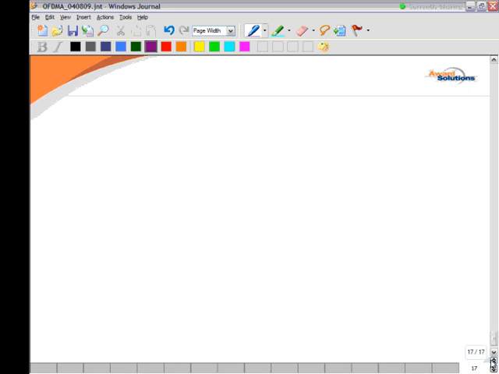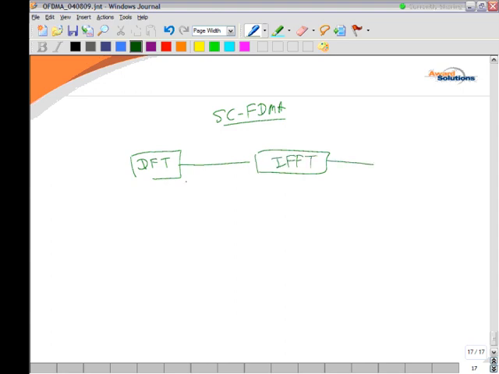Now let's talk about this SC-FDMA based on the diagram that we just saw. So we did DFT and we followed that by IFFT. Since these are inverse operations, essentially whatever you send to the DFT is effectively coming out here.